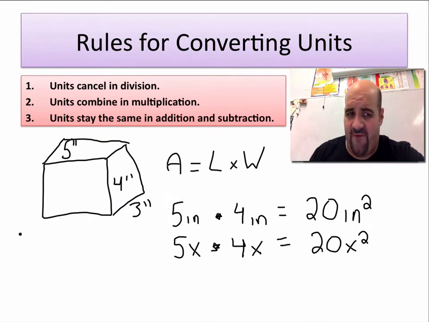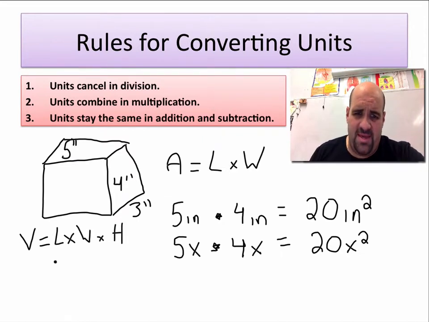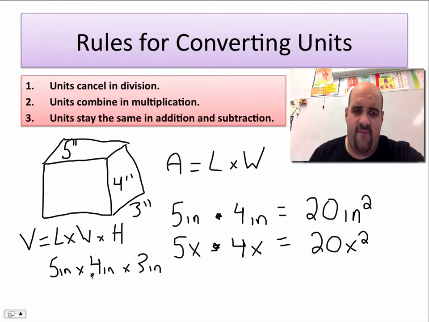Now you might know that the volume of a rectangle or a cube is length times width times height. So the volume of this, we're essentially going to have 5 inches times 4 inches times 3 inches. 5 times 4 is 20. 20 times 3 is going to equal 60.